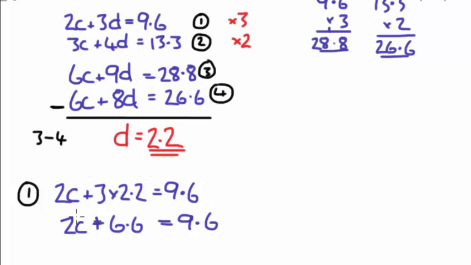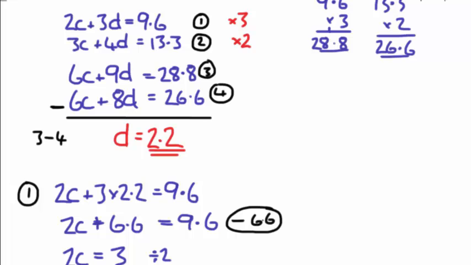Okay, so what we want to do is subtract 6.6 from each side. So we're left with 2C equals 9.6 minus 6.6. That'll give you 3. So 6.6 taken from both sides, and then we just divide both sides by 2, so C equals 1.5.